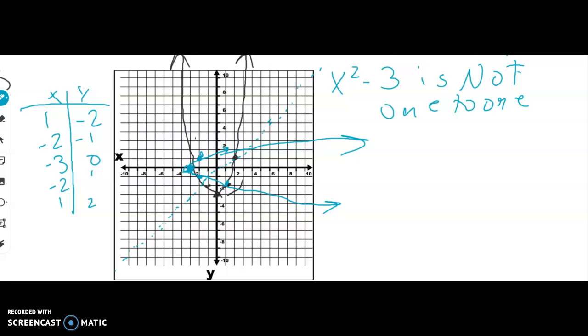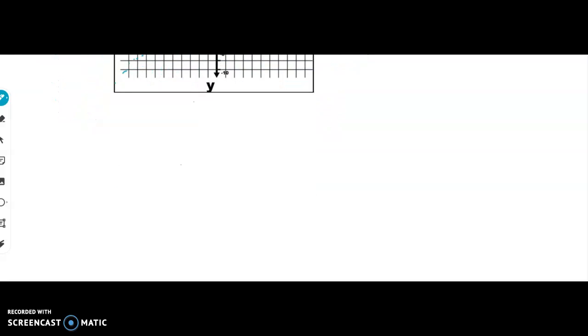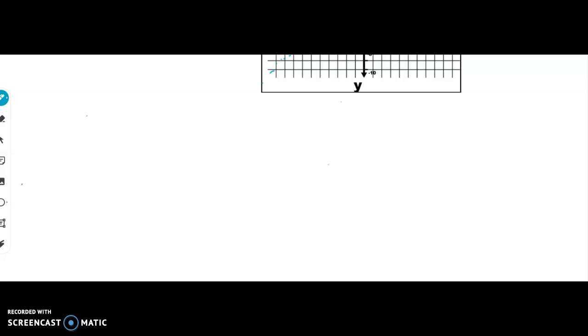I'm going to roll down here. Again, if you need to pause the video or rewind it at any point to catch up, that is okay. Now we're going to determine what the equation of our inverse would be. The way we would do that, using y notation, is y equals x squared minus 3.